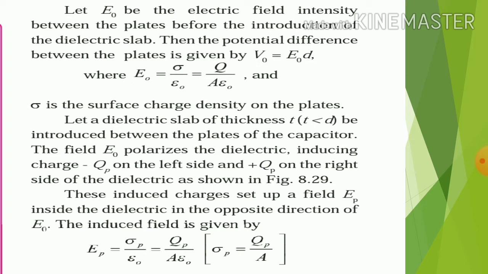The electric field E0 polarizes the dielectric, inducing charges minus QP on the left side and plus QP on the right side of the dielectric slab, as shown in figure 8.29.